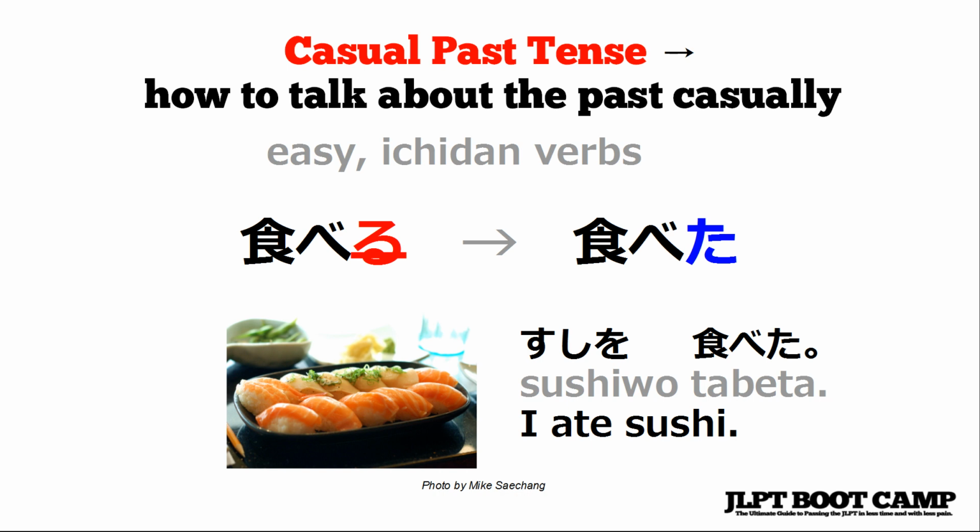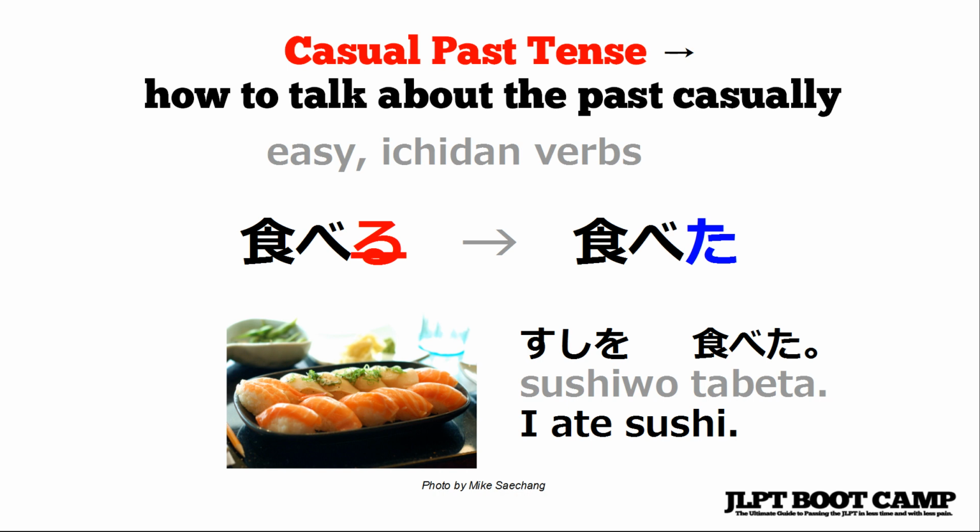Again, ichidan verbs usually end in eru or iru if you're romanizing it. And that's kind of a general rule of thumb, but not all verbs that end with that are ichidan verbs. So when you learn a new verb, make sure you look real quick, is it ichidan or godan?